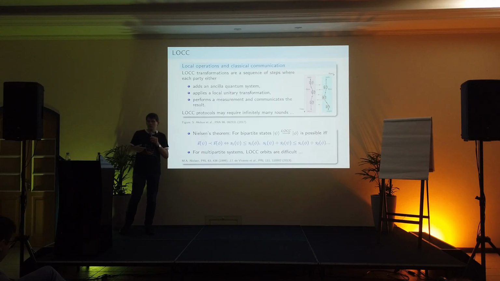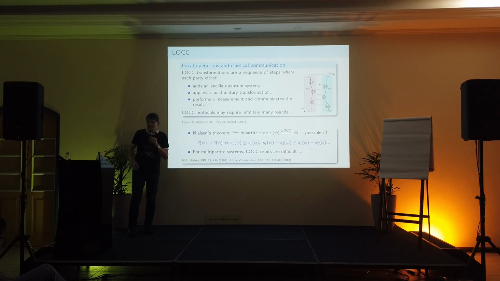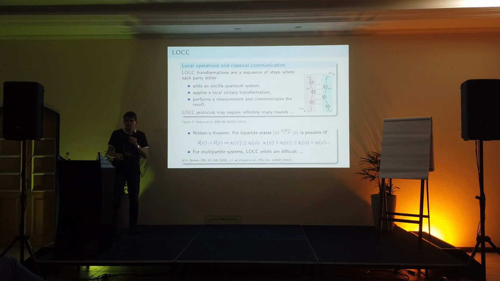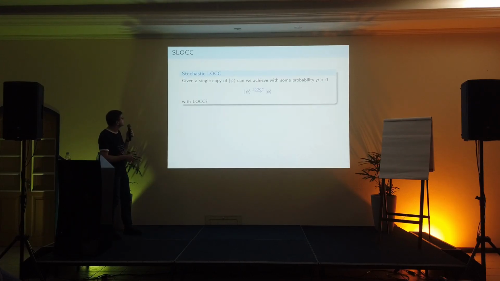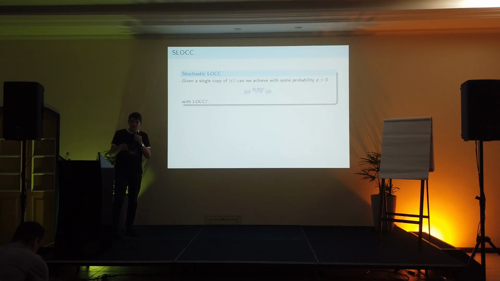Since this is so difficult to characterize, we can again look for some simplification. Here we can ask, what can we do to coarse-grain the picture, to look at larger transformations, and ask, what can we achieve with this? This is known as the so-called notion of SLOCC, which means stochastic LOCC. And what does stochastic mean?